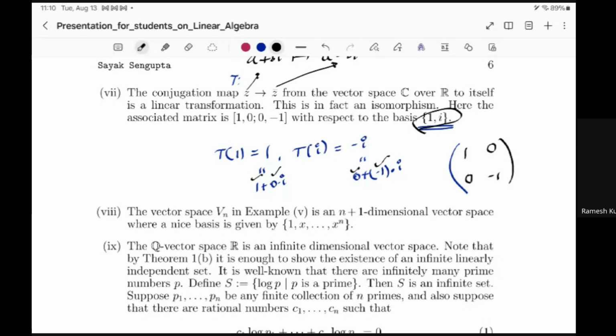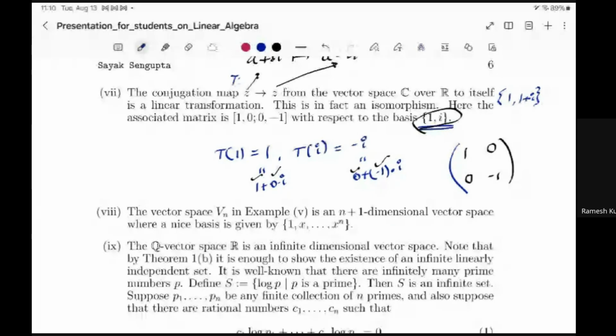With that basis, you can define a matrix. Yes, you can have bases like, for example, 1 and this. That also works. Okay, this is also a basis.